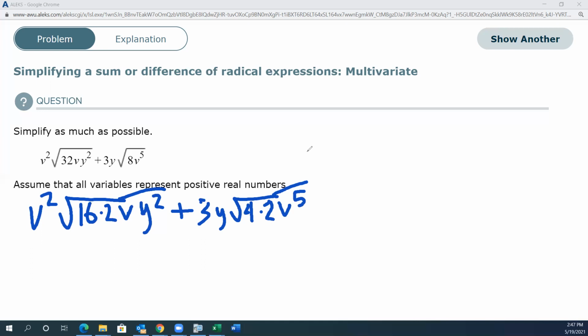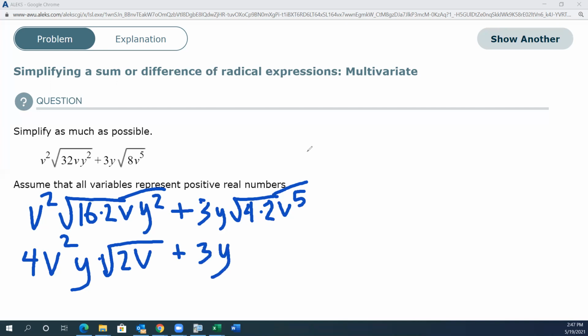Okay, so the square root of 16 is 4. Square root of y squared is y. And inside that first radical, I'm left with the 2 and the v, and that's it. Now on the second radical, my stylus is dying.